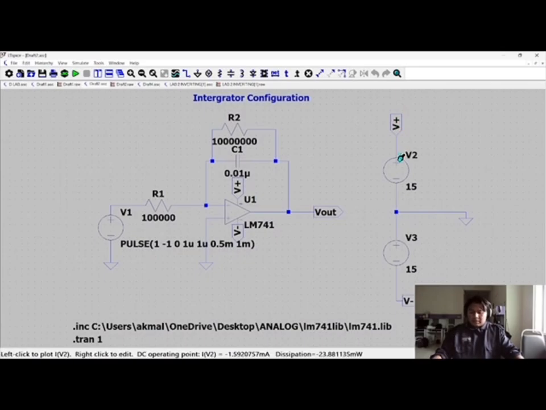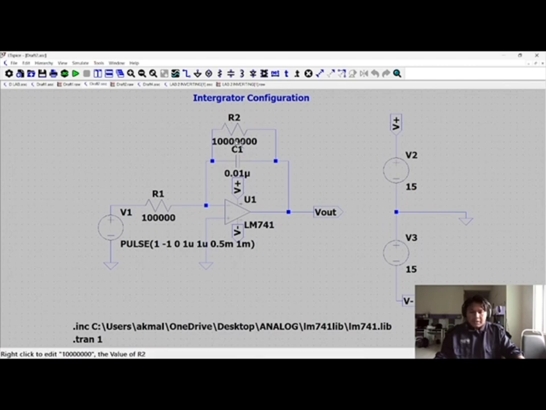Okay, this is our third circuit, the integrator configuration. This is our schematic, and there are some changes with this circuit, where the RS resistance has a value of 100k, and our RF, or in the circuit R2, is 10 mega ohm.